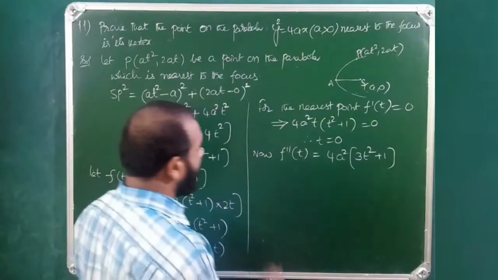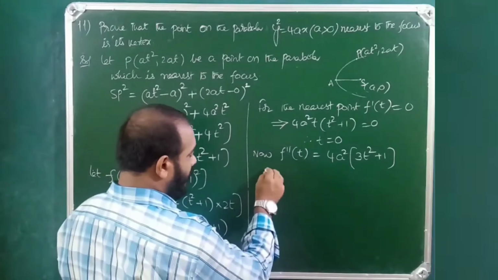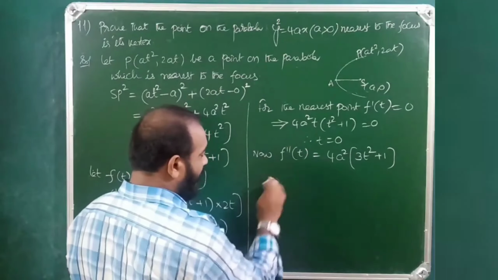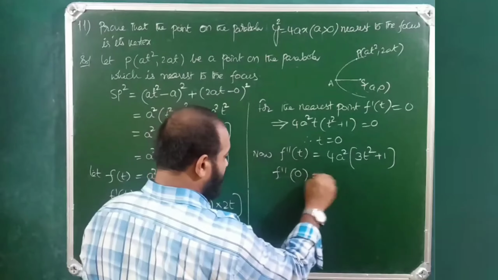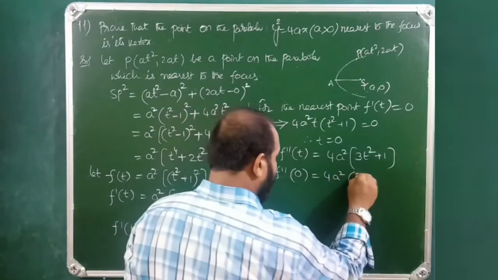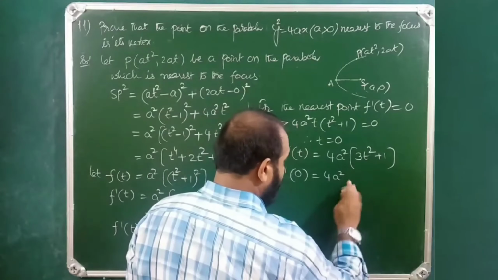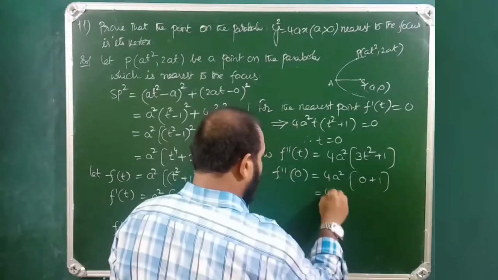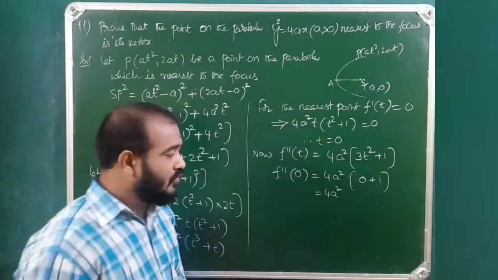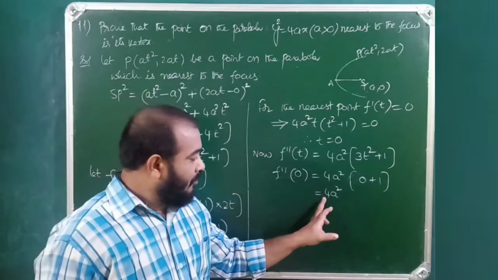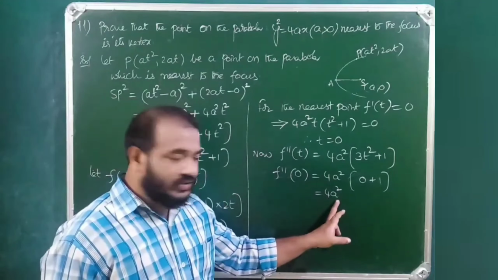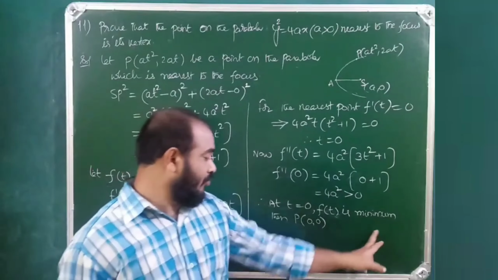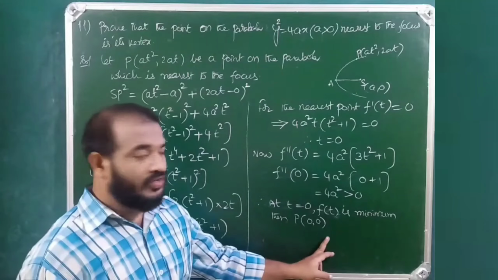So now f double dash 0 is equals to 4a square into 3 into 0 is 0 plus 1. This is equals to 4a square. So 4a square value is positive, 4 is a positive integer and a square is positive. Therefore at t equals 0, f of t is minimum.